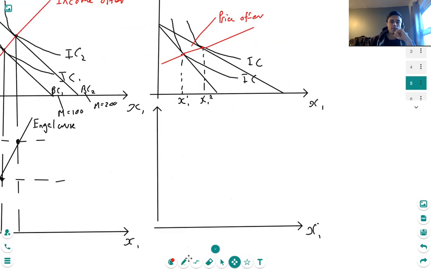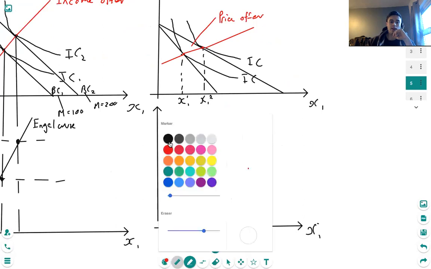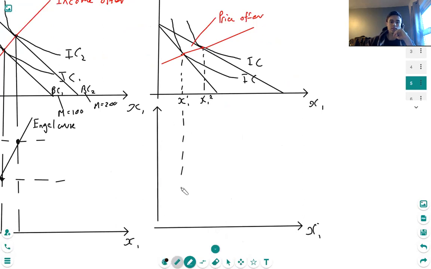And then, as we did with the Engel curve, we'll just take these new coordinates for x1 downwards, and we'll say with the old budget constraint, the price of x1 was, let's say, 2. In the new budget constraint, price of x1, say that's 4. So now we have 2 and 4 on here.